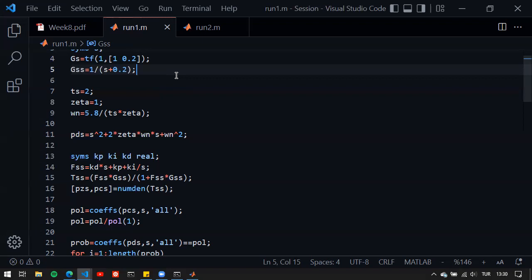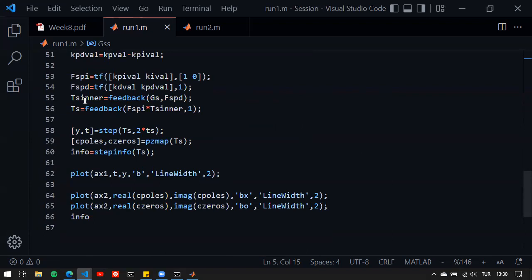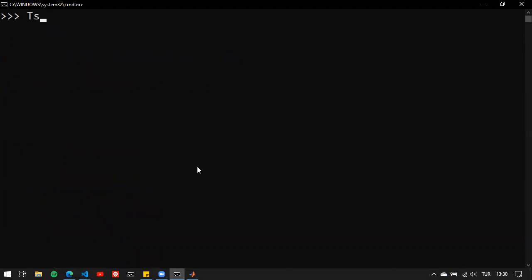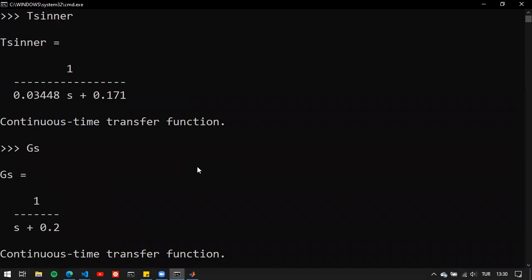Peki şimdi gösterebilir misiniz? İlk çevremde PD'yi geri besleme yönünde olarak ilk çevremin transfer fonksiyonu. Şu inner'a bir bakalım. Elde edilmiş haline de bir bakalım. Test inner. Şu şekilde bir şey oluyor. Normalde neydi? Şuydu.